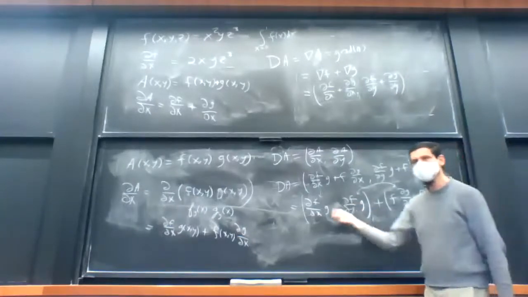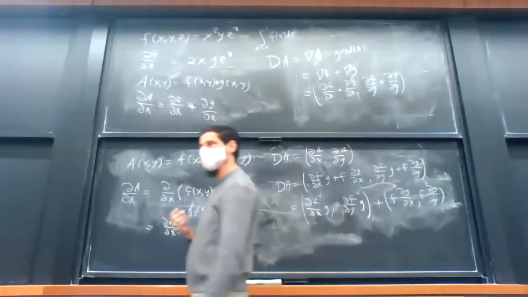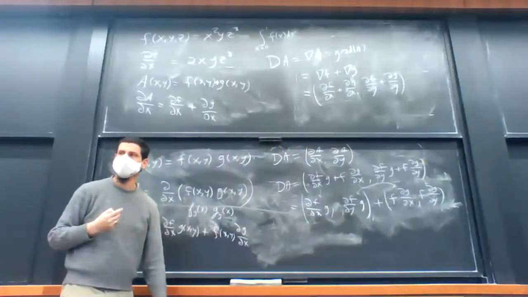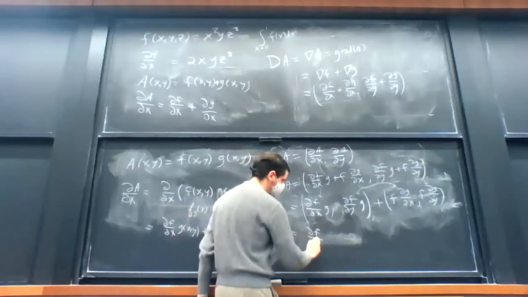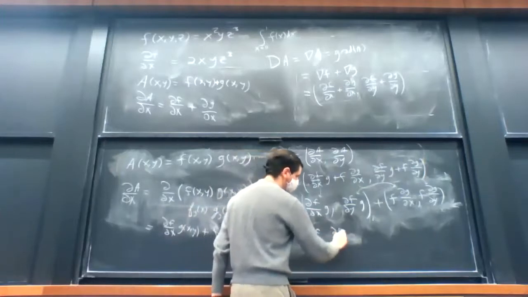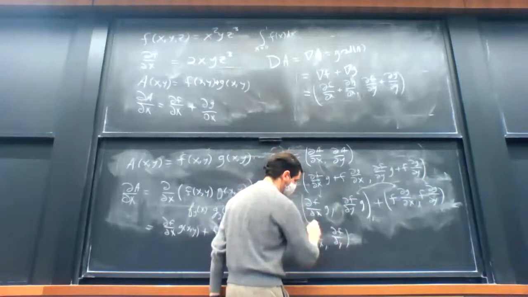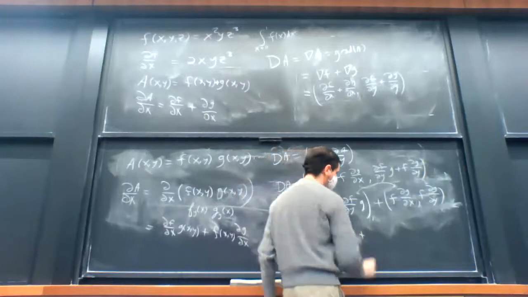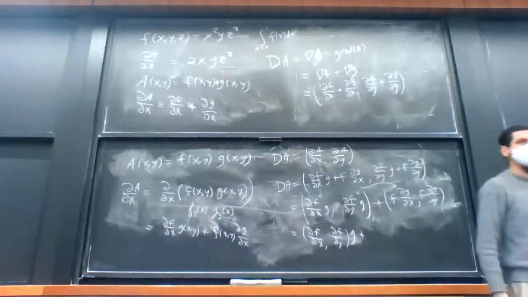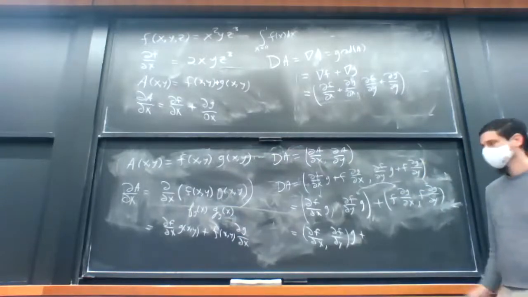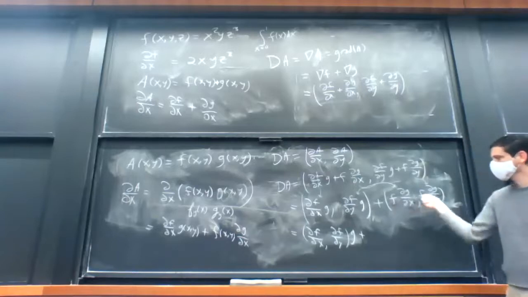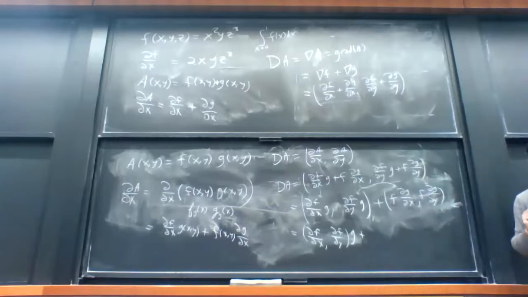Anything in common with those two components? The g, I can pull this out: df dx, df dy, times g. And the second one, what's common? What do we have in both of them?